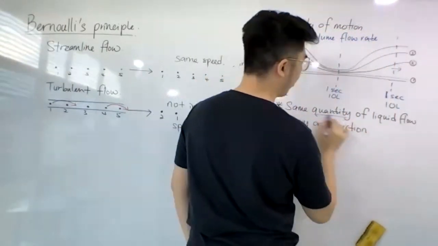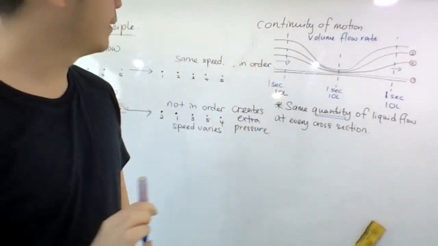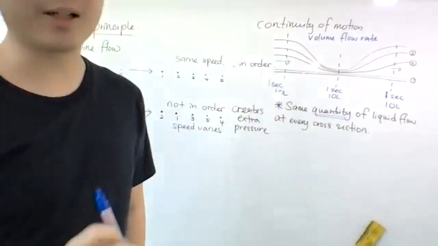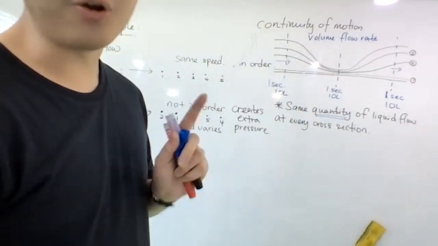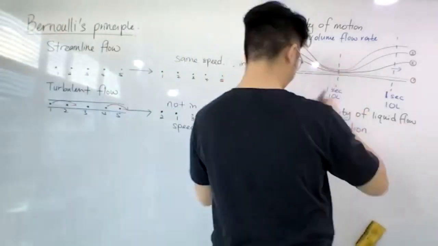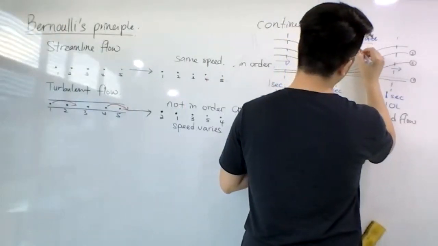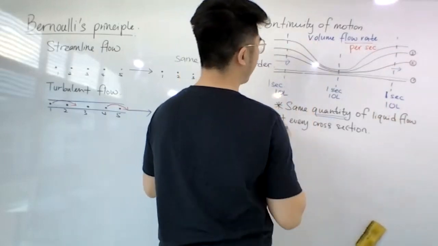We are talking about quantity, and quantity is talking about volume of water. I want to know how much volume of water is flowing in every second. That is what we call volume flow rate. So flow rate means per second. Volume per second.